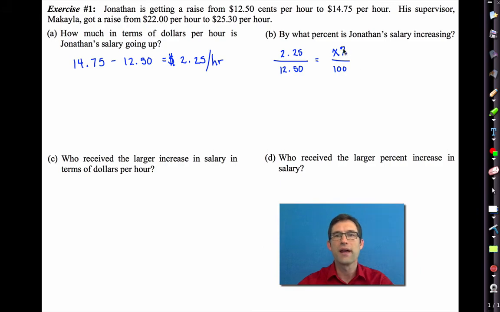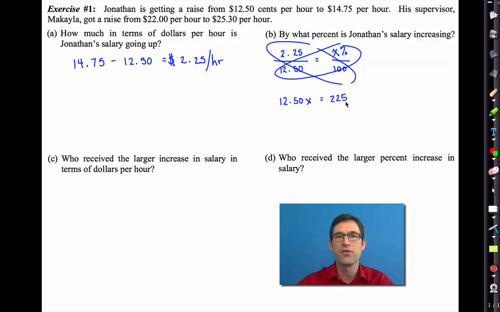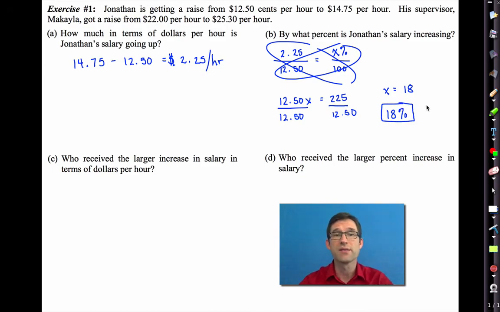I'm going to solve this using the classic cross multiply. We'll get 1250 times x is equal to 100 times 225, or 2.25 would be 225. We can now divide both sides by 1250, and what we find is that x is 18. So his salary went up by 18%. That's actually quite a healthy raise. Most people are pretty happy if they get a raise of 5%, 6%. 18% is a great raise.